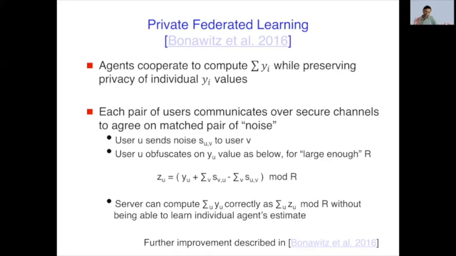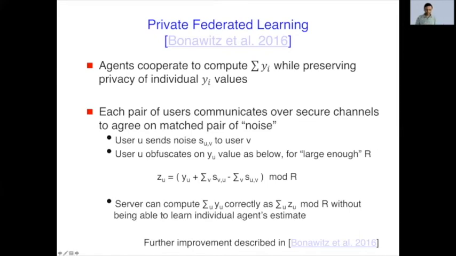So you start with the value y, add the values received, subtract the values sent, and all of this is happening under a modulo operation, modulo r, where r is a number large enough to ensure correctness of this privacy-preserving aggregation operation. And you can work out how large r needs to be quite easily if you think about it for a few minutes.